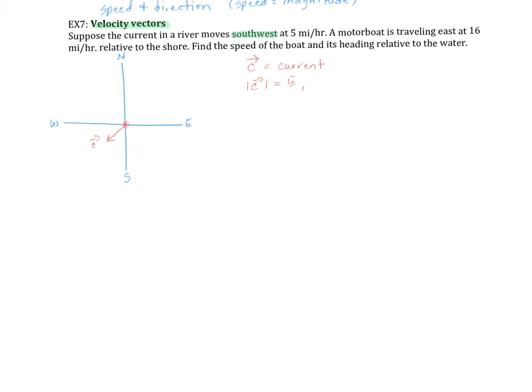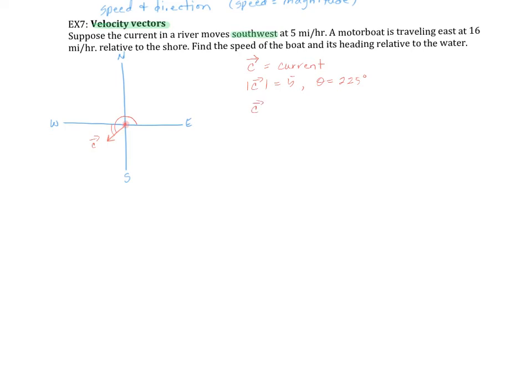Remember, we're starting at the positive x-axis, so my angle theta is actually going to be 225 degrees. You could just use the 45-degree reference angle, but we're in quadrant 3, so cosine would be negative and sine would be negative. To be safe, I just go from the positive x-axis to my vector, and I'll keep it at 225.